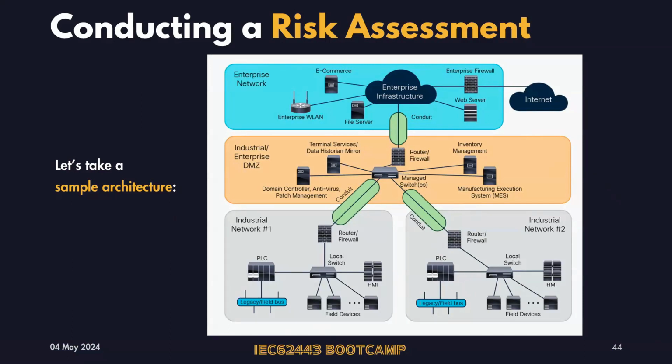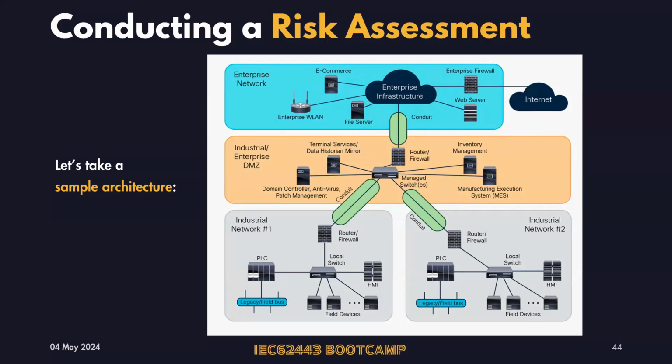And there is a conduit shown which is communicating to your industrial enterprise DMZ layer, where you have historian, patch management, inventory management, and again it is connecting to the enterprise infrastructure via a conduit. In turn, it is connected to the internet. This is a sample architecture.